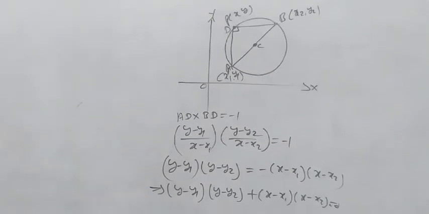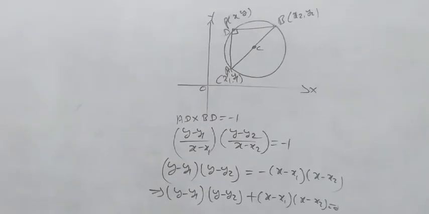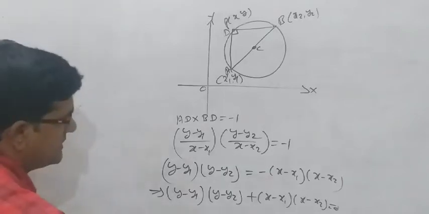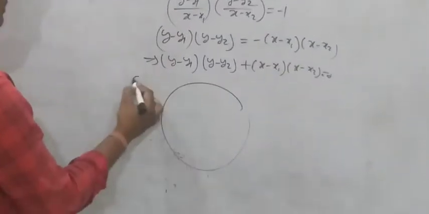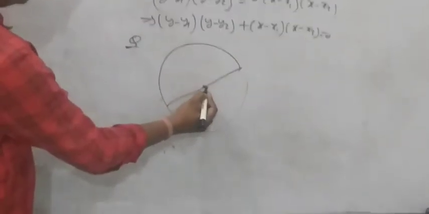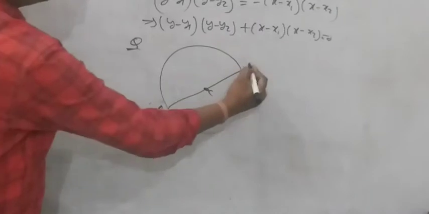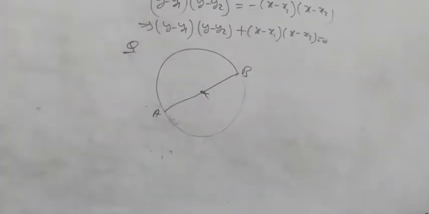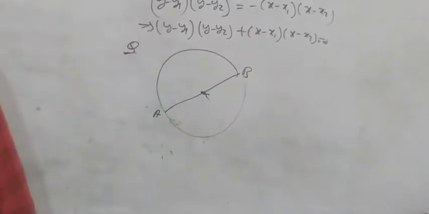Understood? So I am going to explain one question based on the diameter, which is very important for you. Find the equation of the circle which has A(1, 3) and B(4, 5). Understood? Suppose this is the circle, this is the center, and A and B are on it.